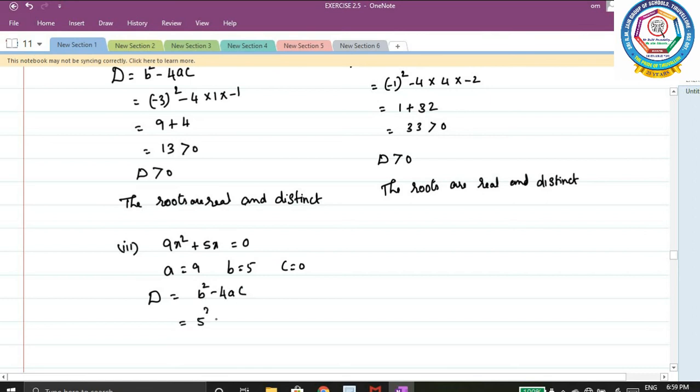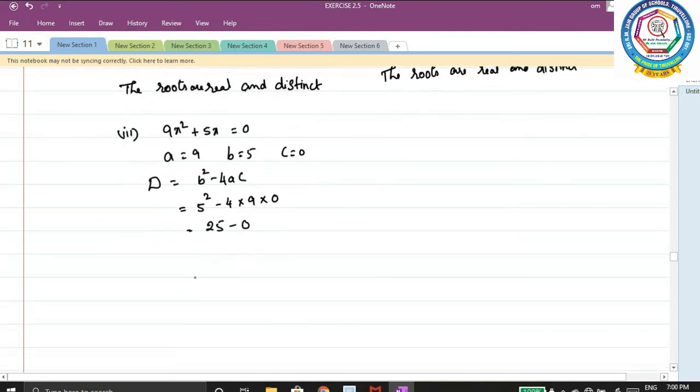That is 5 square minus 4 into a is 9, c is 0. Therefore, 5 square is 25 minus 0 into anything, 0 only. So that is equal to 25. It is also greater than 0. Therefore, the roots are real and distinct.